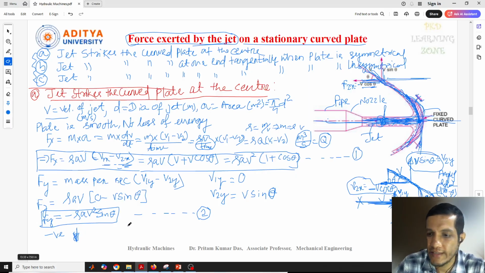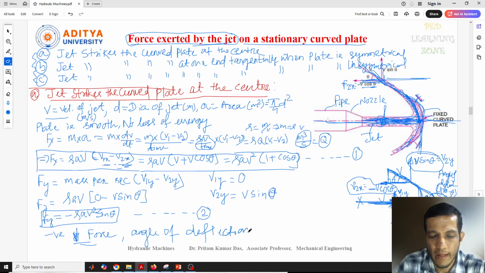For this case we need to consider the angle of deflection of the jet, which is nothing but 180 degrees minus theta. This is theta in this direction, and the angle of deflection is 180 minus theta.